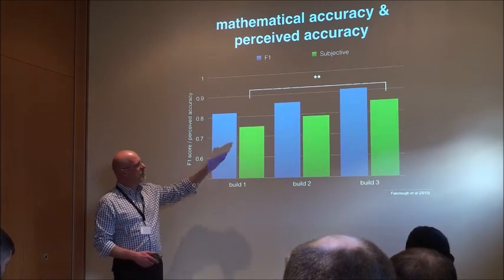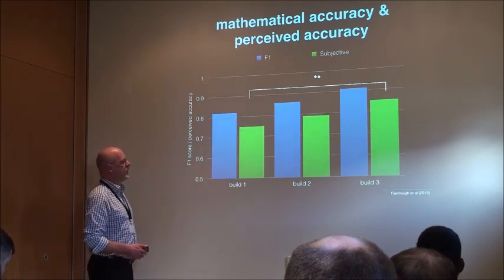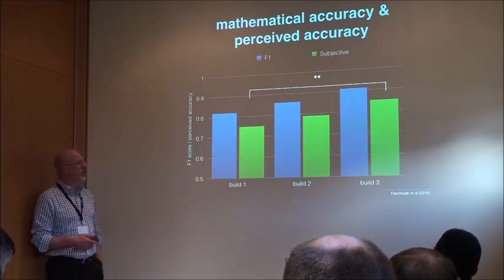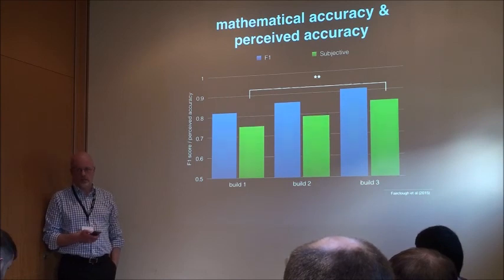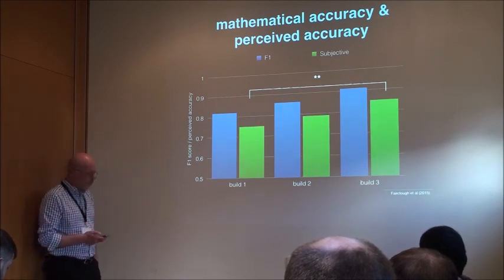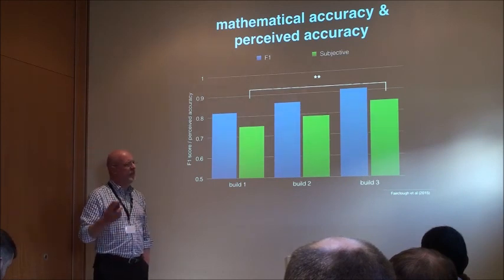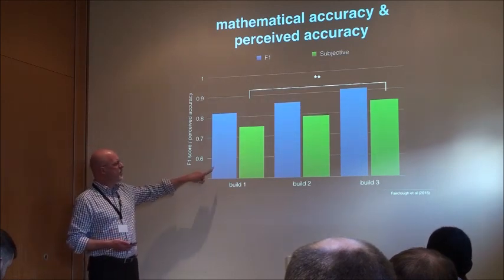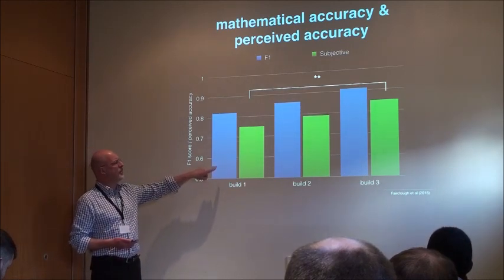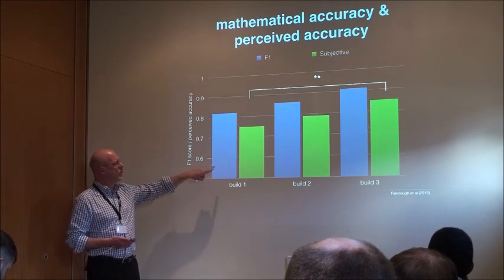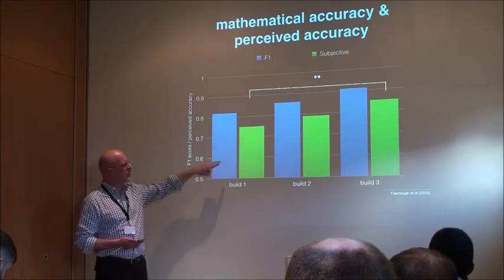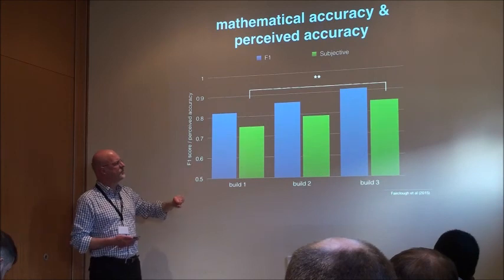It gets better over time for the person, so they are at least in synchrony in that sense. And the important thing to understand here is that often in affective computing applications, people are really looking at the mathematical accuracy. We don't really know how it interacts with the person's perception.